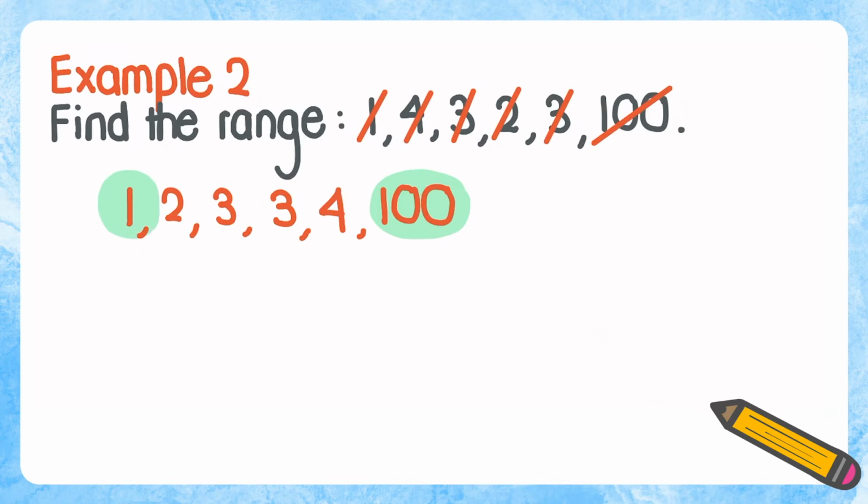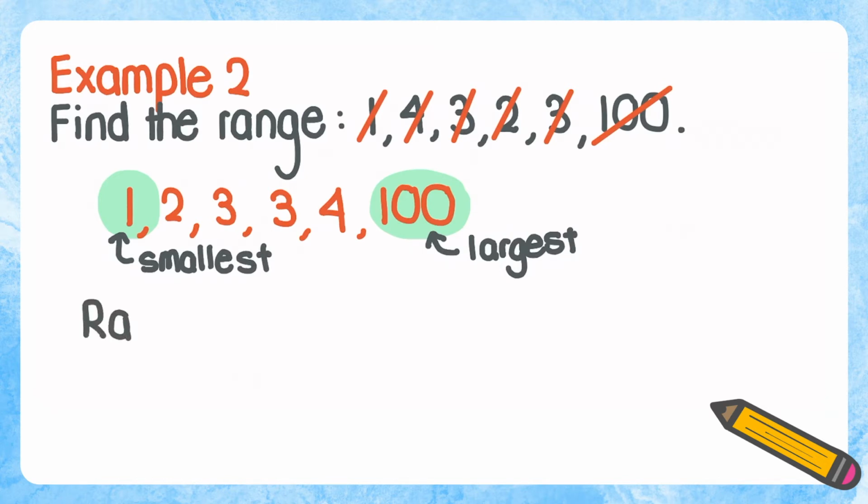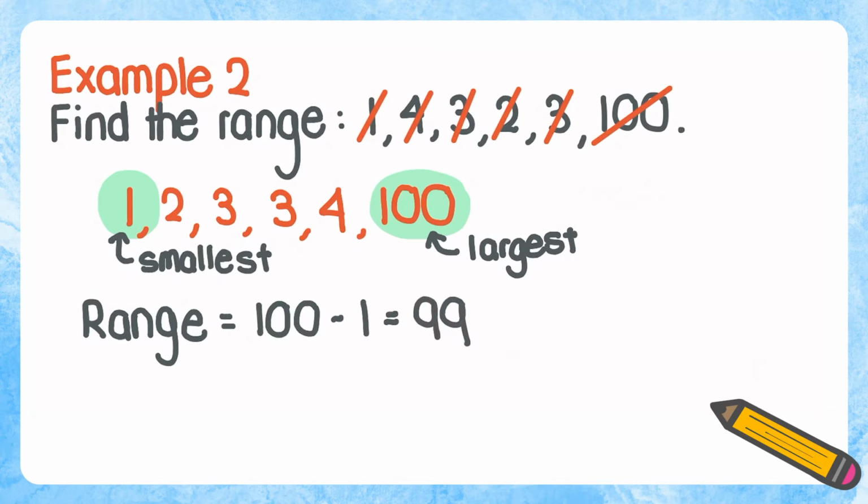So 100 is the largest number of this data set, and then 1 is the smallest number. So the range is the largest number minus the smallest number. So it's going to be 100 minus 1, which equals 99.